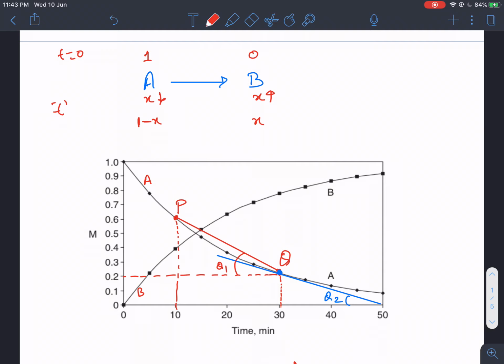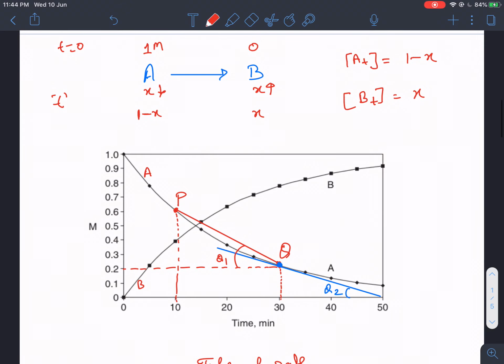So if someone asks what is the amount of A at general time T in terms of X, the answer will be 1 minus X. How much amount of B will be there in terms of X? You can say B at time T will be X. Once again, let me recall, I took 1 molar of A and I did not take any part of B in the mixture.